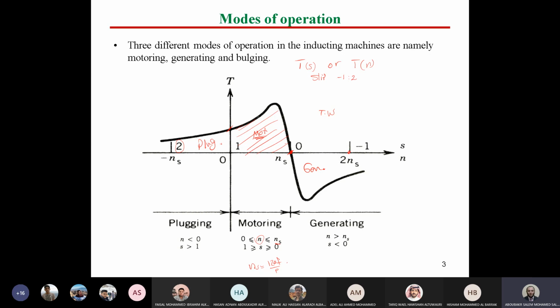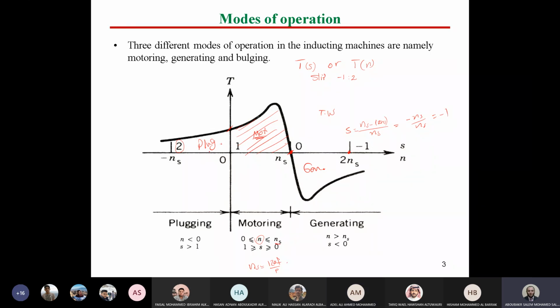Because at that point, n will be 2ns, so s will be ns minus n, which is ns minus 2ns over ns. So the relation will be -ns over ns, which is -1. Right? So here slip is from 0 to -1.